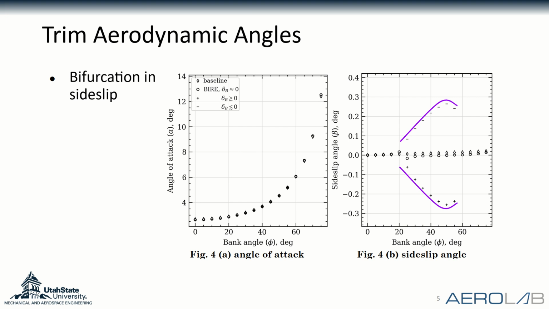And something to notice once again is we have this bifurcation in sideslip. So the tail near zero solutions tend to lie pretty close to the baseline aircraft, but these alternate solutions split off and form this kind of pitchfork image. For sake of time, I'm not going to talk about change in heading angle or the rotation rates of the aircraft in these steady coordinated turns. For more information, you can check out the paper, but those also have these bifurcations as well.